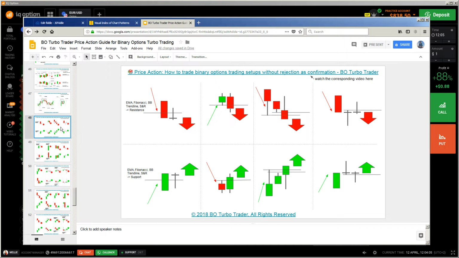Here you see we have two types: the continuation trading setup, where the trend is similar to the trade, and the reversal trading setups, where the trend is opposite of the trade position. This kind of setup you trade in a strong trend, and that one you trade in the healthy trend or healthy market.